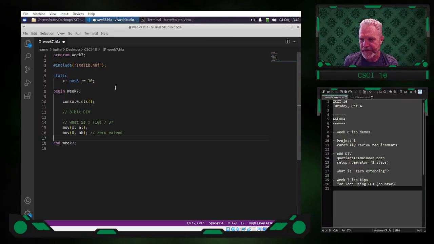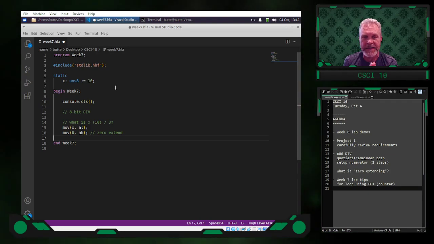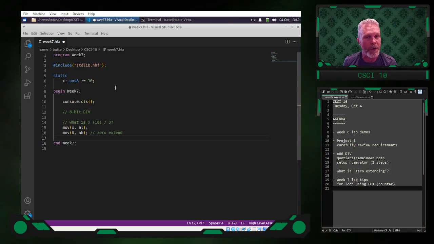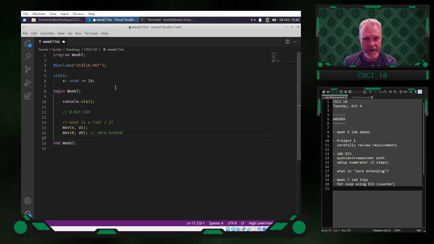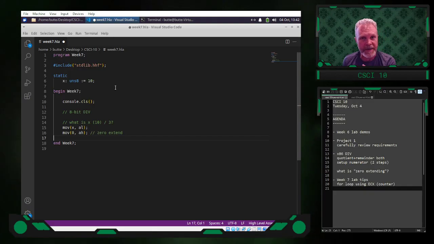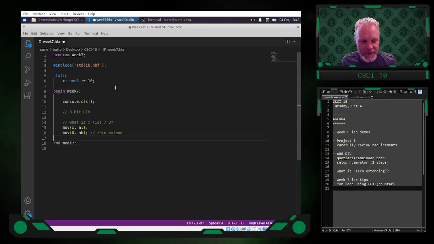So Druid asks, is the second step required for 16? Yes, so the second step is required for 8-bit division, 16-bit division, and 32-bit division. You always have to do the second step for division. And it's also true, by the way, for doing signed division. It's just harder to do for signed division, or at least harder to understand.